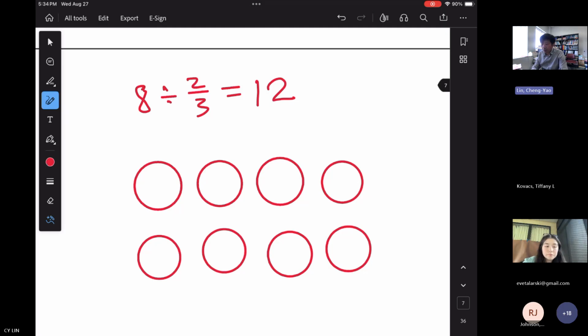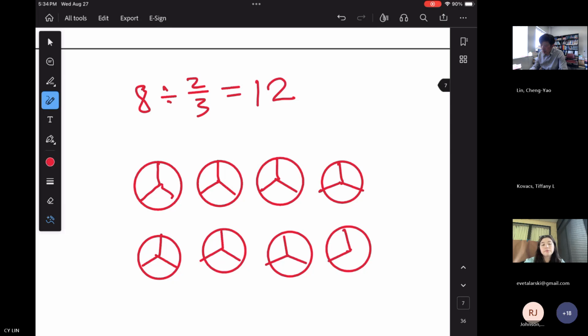So everyone has 2/3. So that's why I divide by 3 for each pizza. Does that make sense to you? Why do I have to do each pizza as 3 portions? Because I have a pizza, everyone shares 2/3, and how many people can I share with, right?